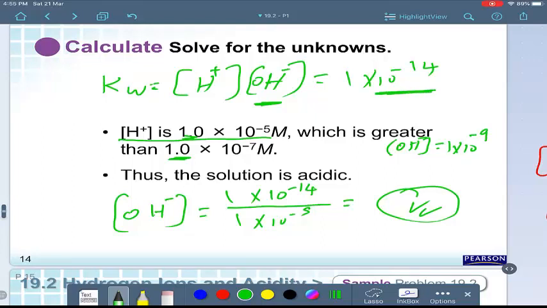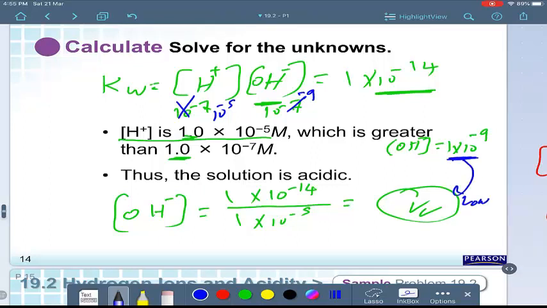Here 10 power of negative 7, here 10 power of negative 7. If this is not 7 but 10 power of negative 5, here must be 10 power of negative 9. It means a low value, lower than this value. It has a lower value of OH, so it's not basic, it's acidic.